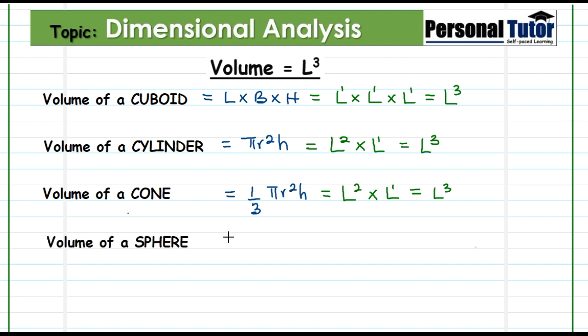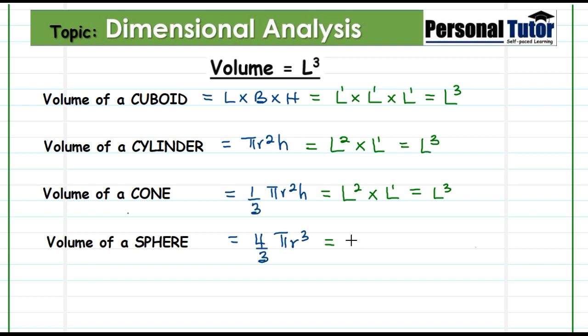Lastly, let's look at the volume of a sphere. It is expressed as 4 over 3 pi r cubed. With this, the 4 over 3 is a number, hence ignored. The pi is a dimensionless constant, hence ignored.